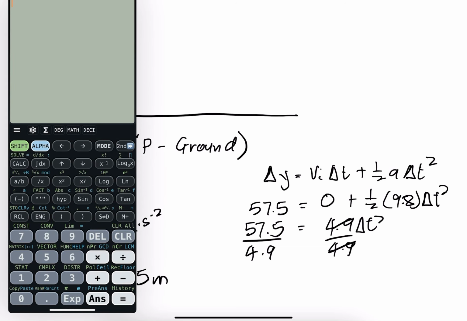So 57.5 divided by 4.9, and we take the square root of our answer, and I get a time of, let's say, 3.43 seconds.